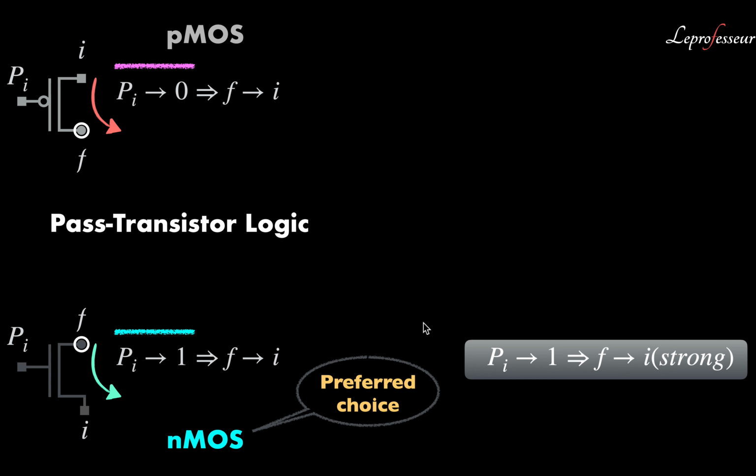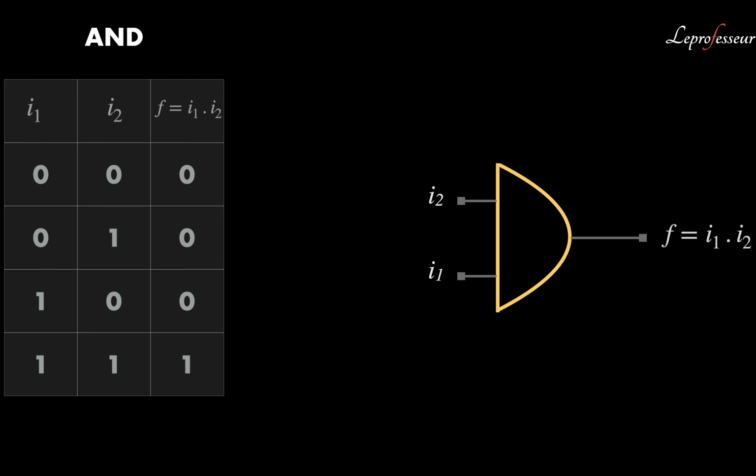Okay, good. Now let's see an example of an AND gate. So we have this AND gate, and we have this truth table for the AND gate. What we can say from this truth table is when one of the inputs is 1, then the output depends on the second input.